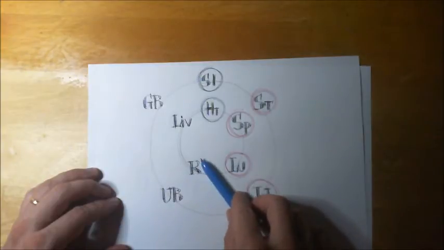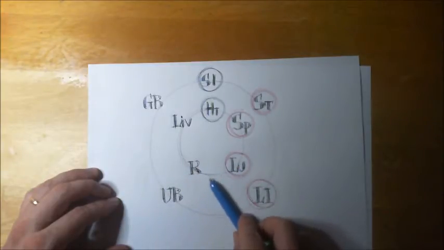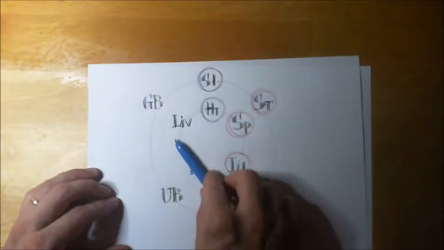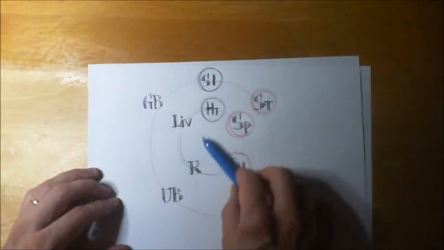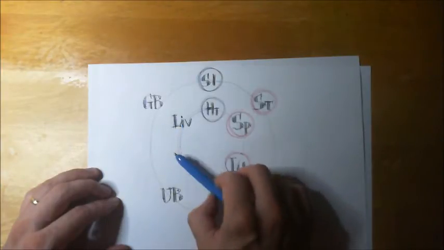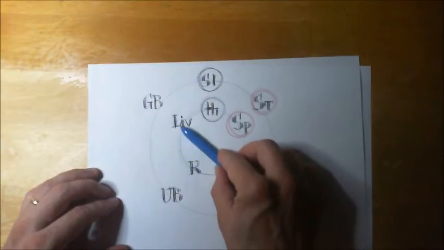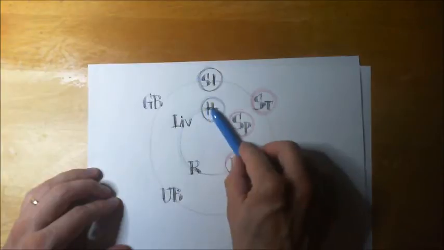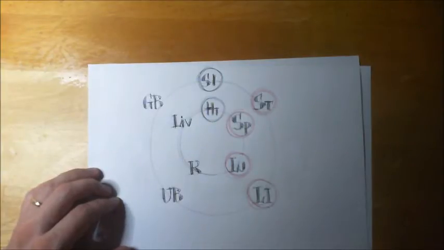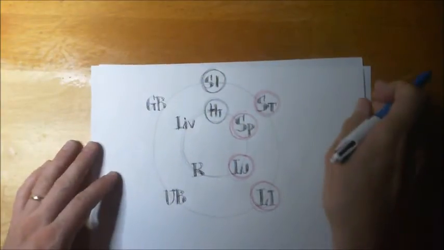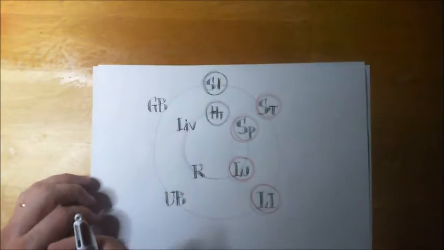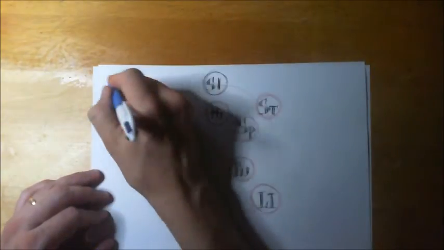So if we treat kidney, movement happens from the mother to son. For example, if we treat the liver, it means that excess from the kidney moves through the liver to the deficient heart.